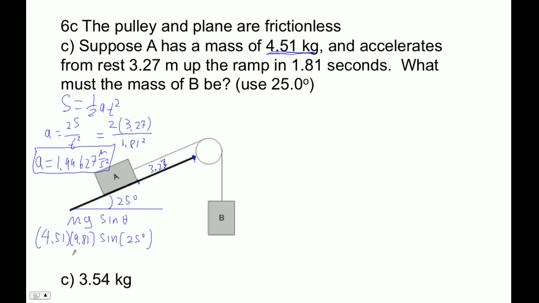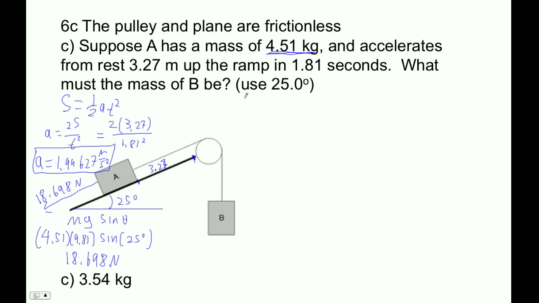I'm going to store that in B just for fun. 18.698. So that's this force here, 18.698 newtons.